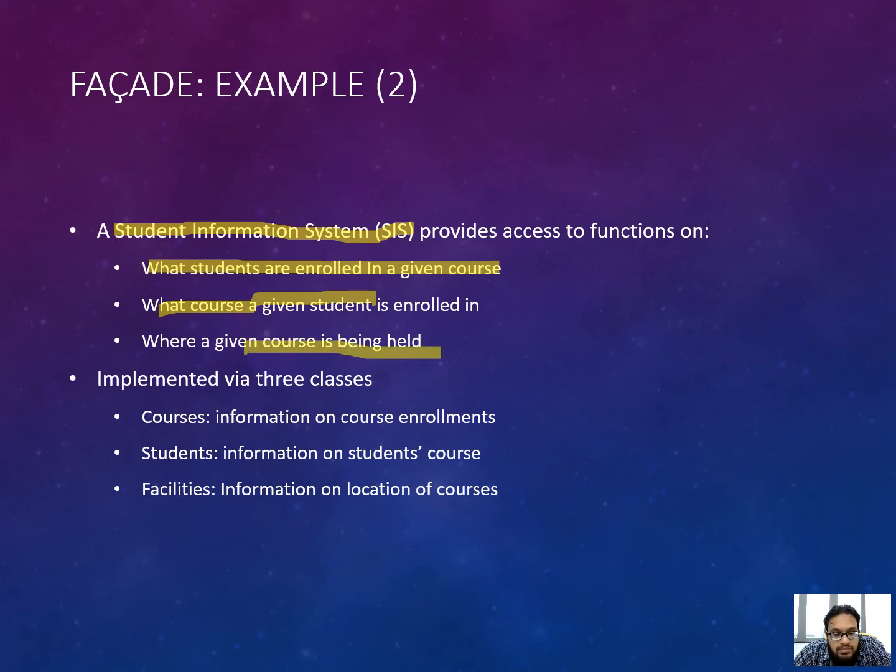These elements are implemented through three classes: courses, which has the information on the course enrollments; students, in which we have the information on the students' courses; and facilities, a class in which the location of courses is indicated.